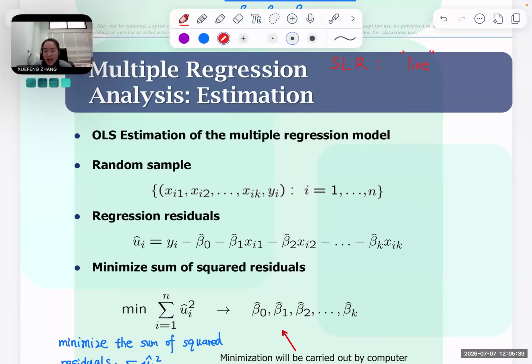But here we have one y and many x, so now it's a plane. Multiple linear regression is a plane. Those two terms come from mathematics, so you may search on Google: what is the difference between a line and a plane?